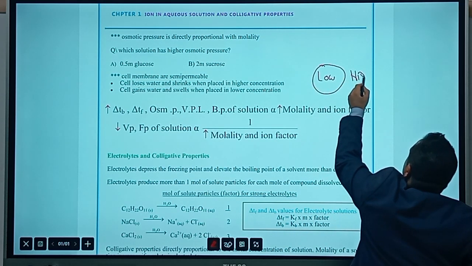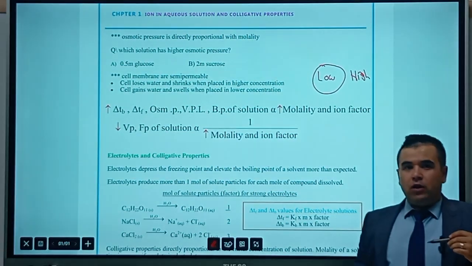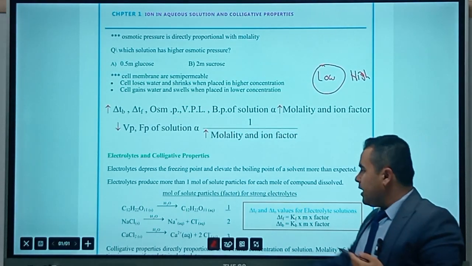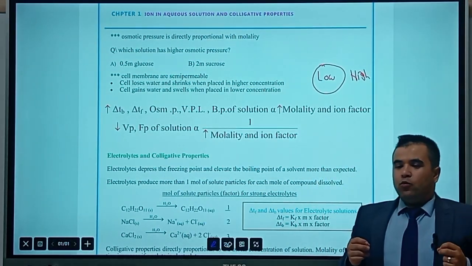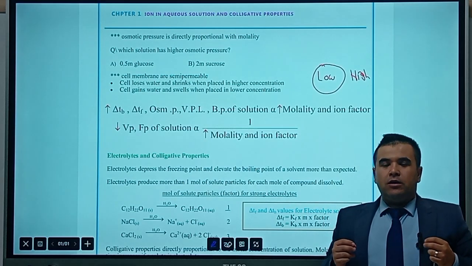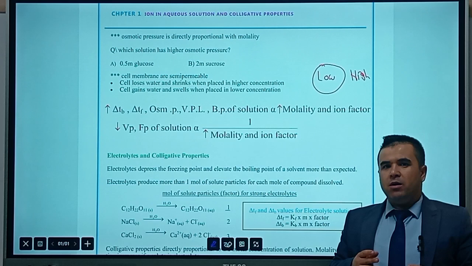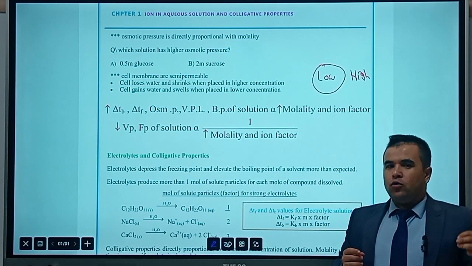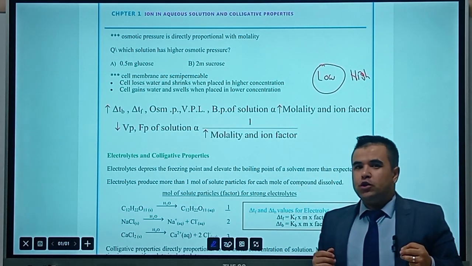Suppose we have a cell, and inside the cell we have a low concentration. Outside of the cell there is a high concentration of solute. If you remember, osmosis is the movement of the solvent through a semi-permeable membrane from the low concentration side, or the pure solvent, to the high concentration side.